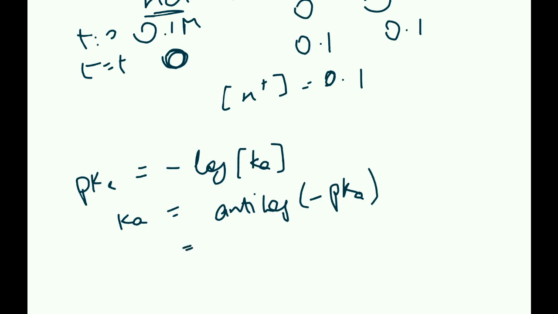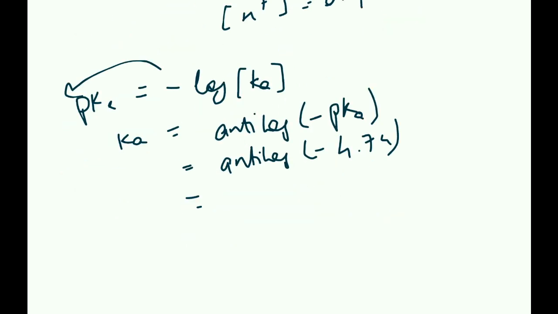Like this minus sign is going to come here. That's how it's going to come inside the anti-log. So it's going to be anti-log of minus 4.74. And from our anti-log tables, we know that value to be 1.82 into 10 to the power minus 5.